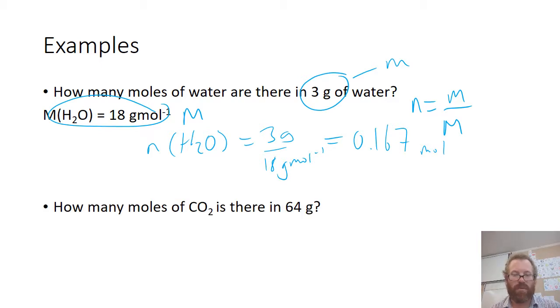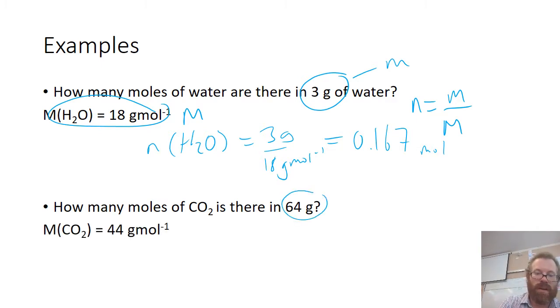Another example. How many moles of carbon dioxide are there in 64 grams? Again, this is my little m, my mass. Here is my molar mass.